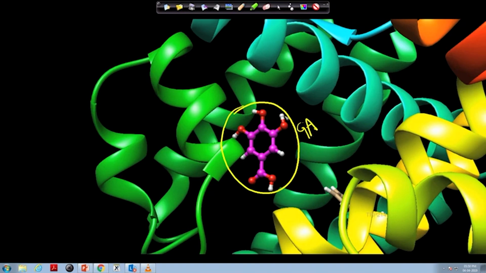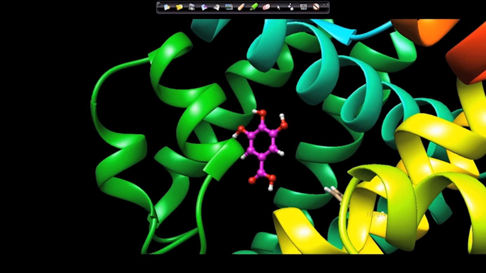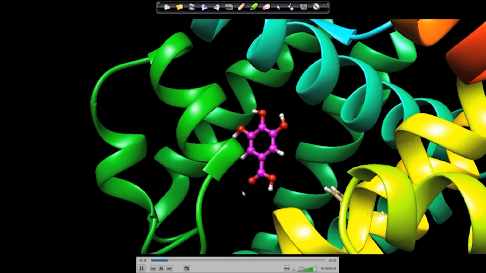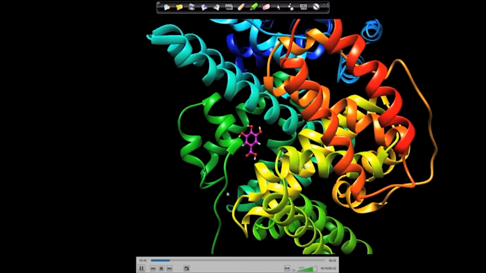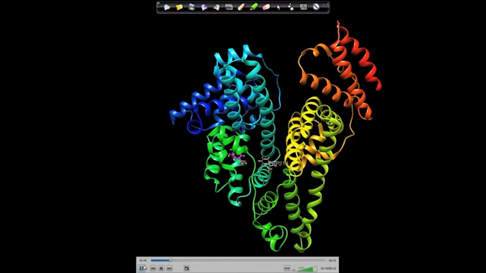Gallic acid attaches to this region. If we play this structure, we can see that gallic acid attaches to the protein around these helices.